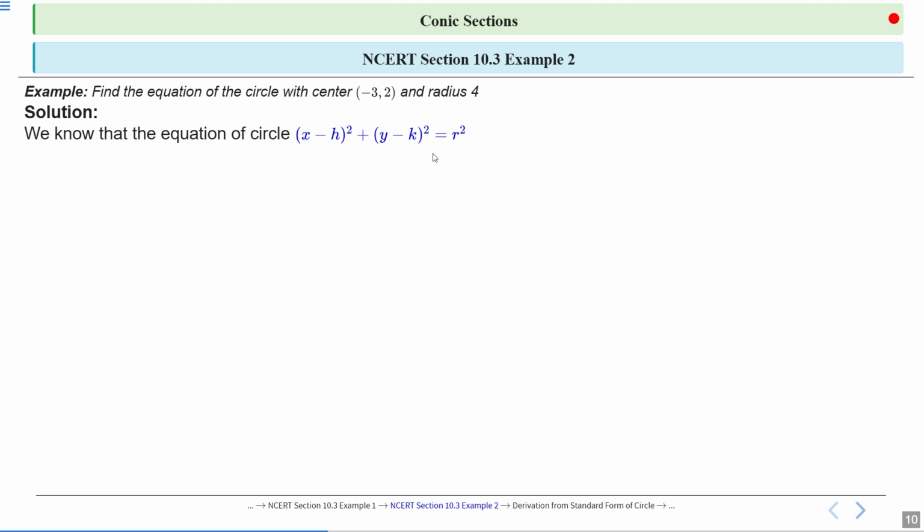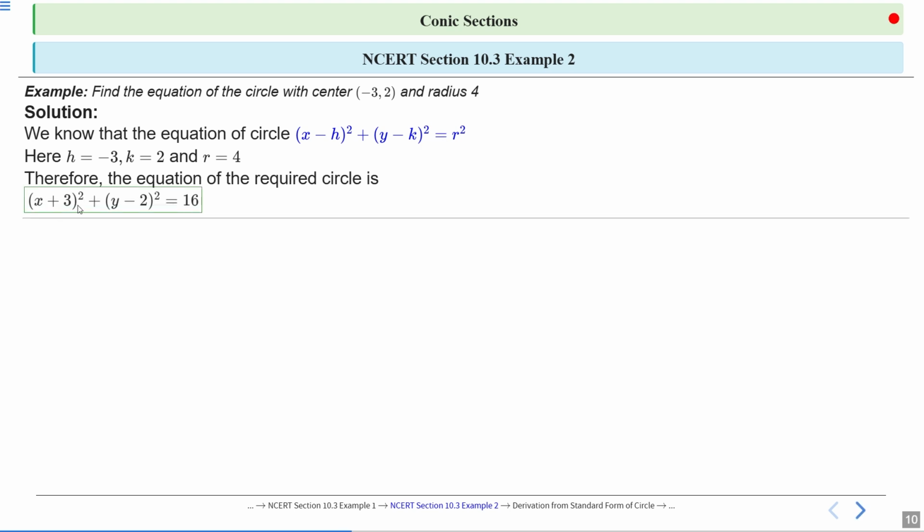So here h is minus 3, k is 2 and r is 4. Just put the values of h, k and r in this equation. Therefore, the equation of the required circle is x plus 3 whole square plus y minus 2 whole square equal to 16.